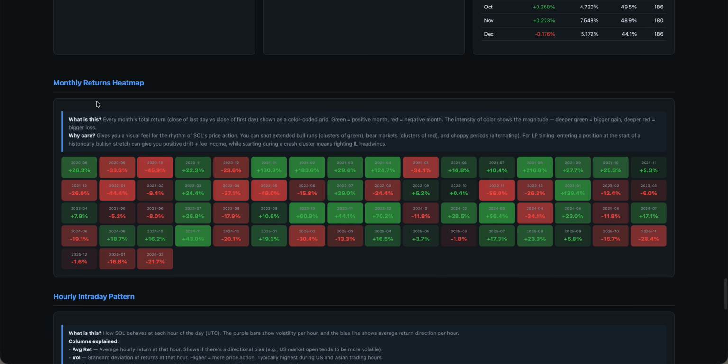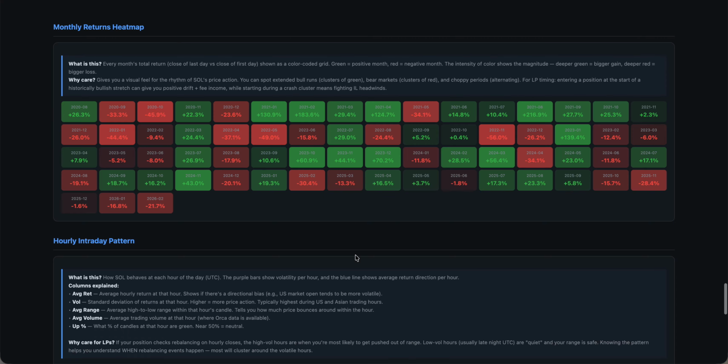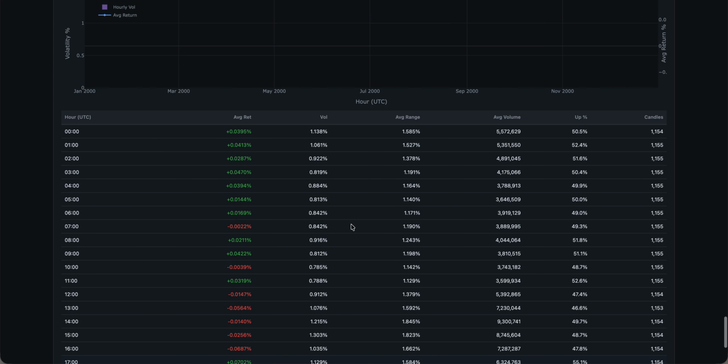We also have the monthly returns heat map on Solana itself, so also beneficial data to see. As you can see, which months more or less are showing bullish ones throughout these 6 years of data. So you can also use this to your advantage when it comes to predicting the outcome and range deployment and some other data as well.